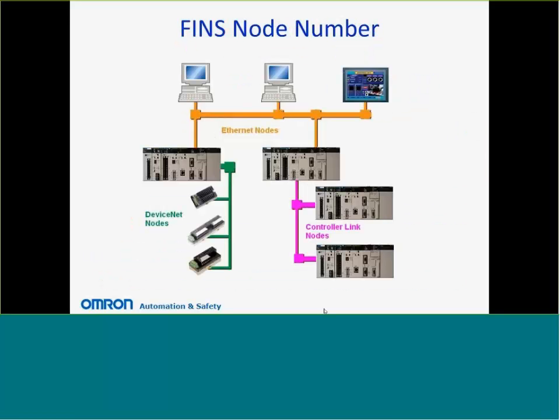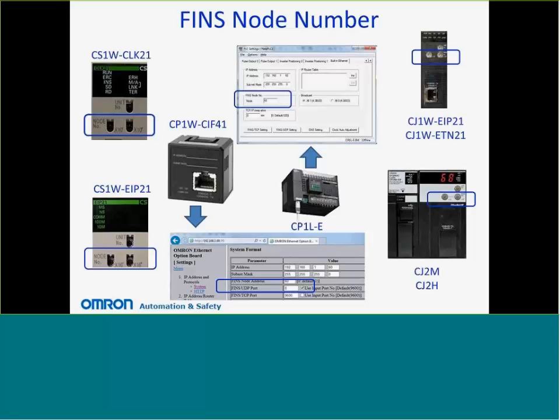Let's talk about FINS node numbers. So when we look at a network, every device on a network has a node number, usually a hardware rotary switch. And I'll give you some ideas of where these can be found. If you're looking at a controller link card, that is a 2-digit rotary switch setting.